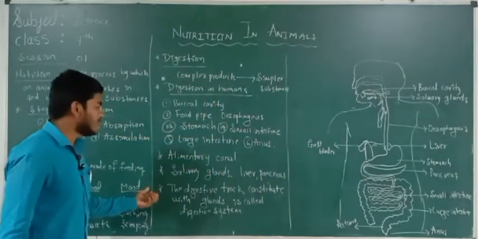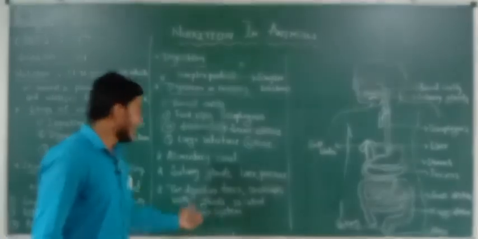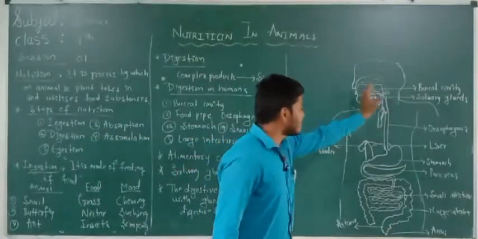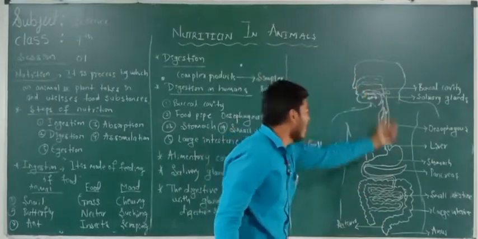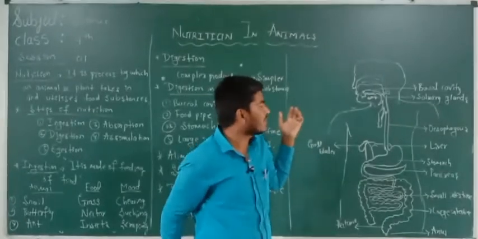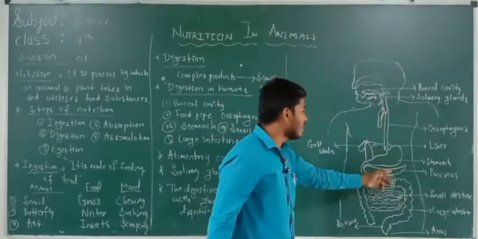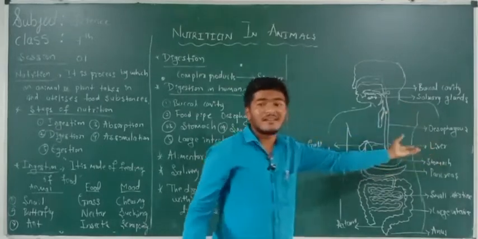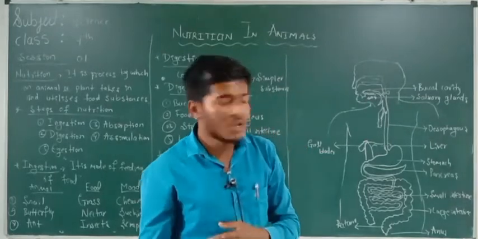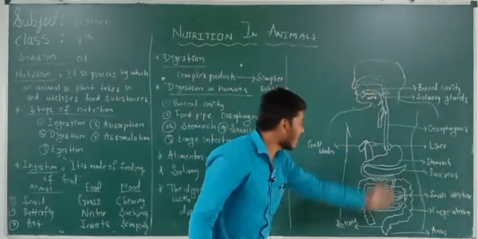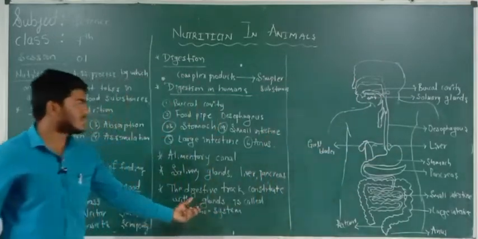The digestive tract, the long tract, together with the glands, namely salivary glands, pancreas and stomach, which also secrete juices helpful for digestion, is called the digestive system.